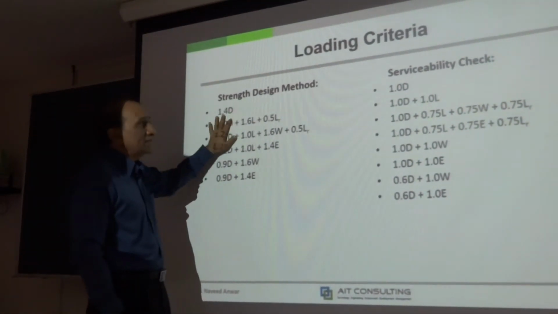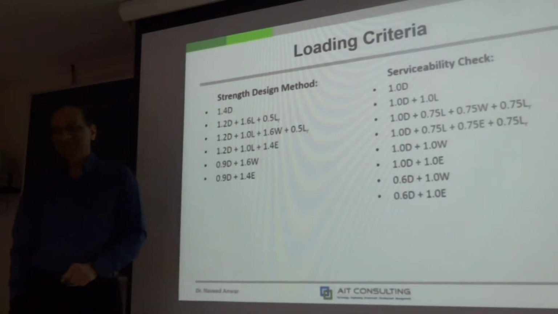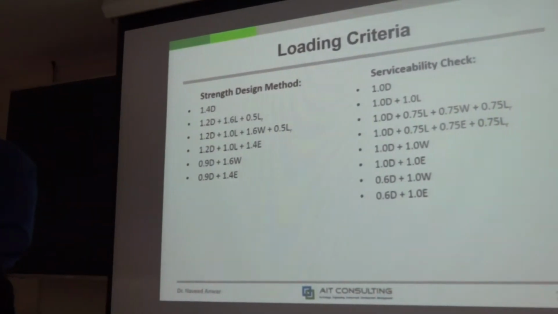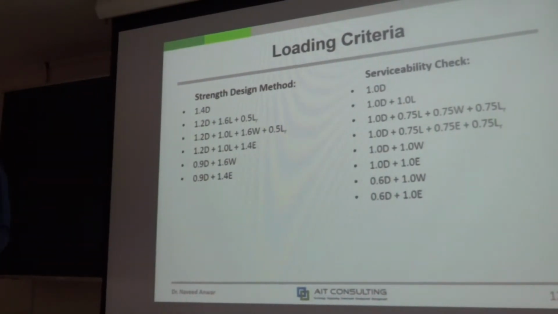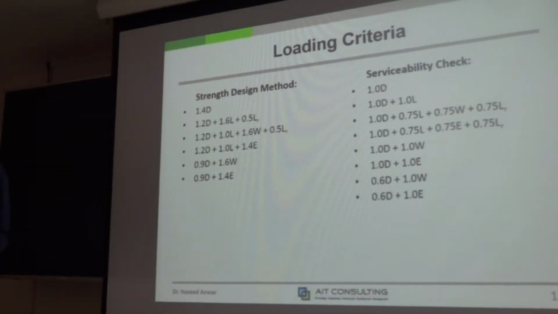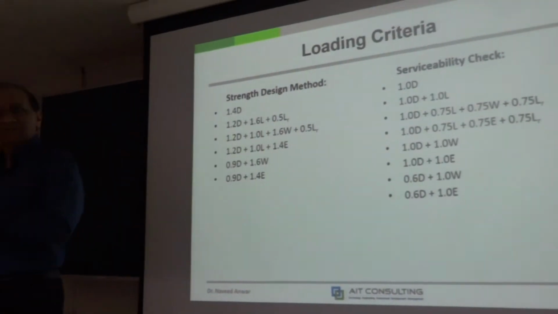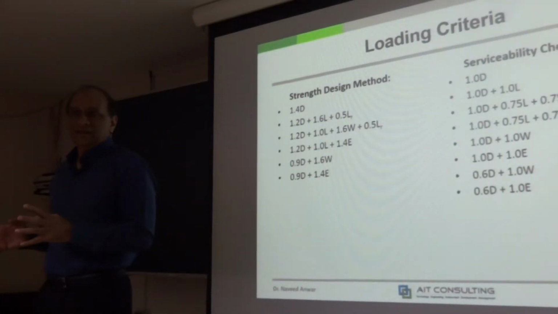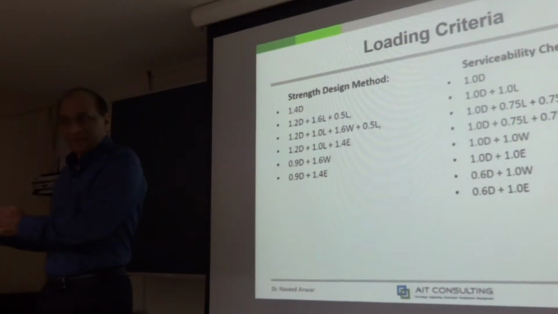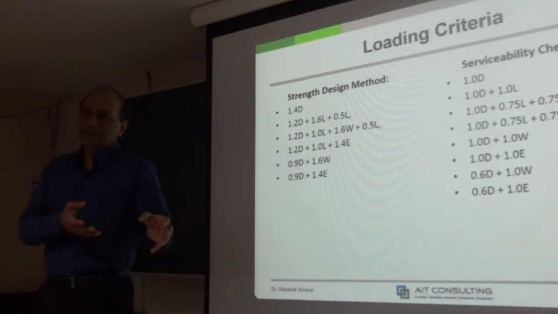So that is where the design codes will differ. They do not agree on what the load factors should be. And that is why the same building, same location, same loading, same material, same everything will come out as a different design by one code and a different design by another code.